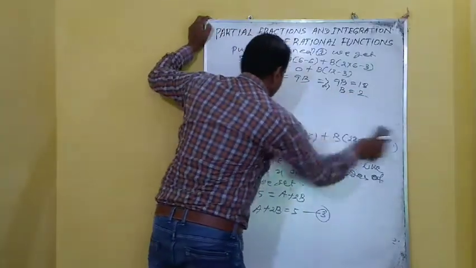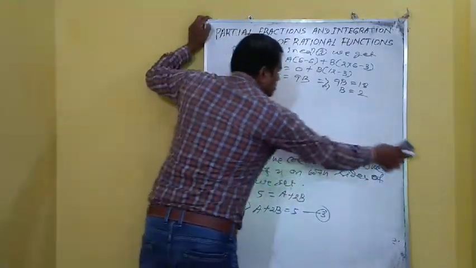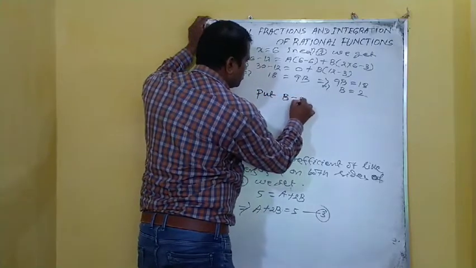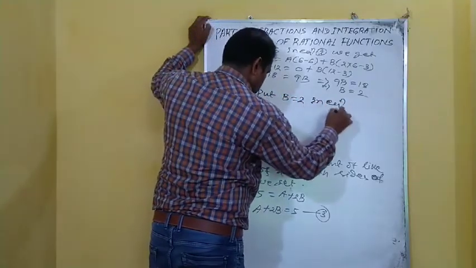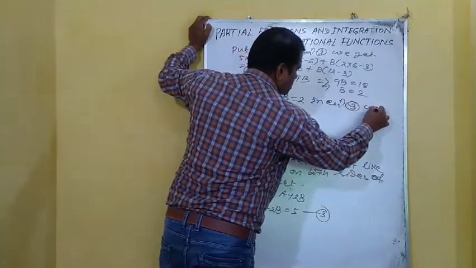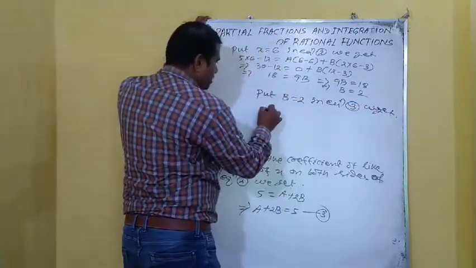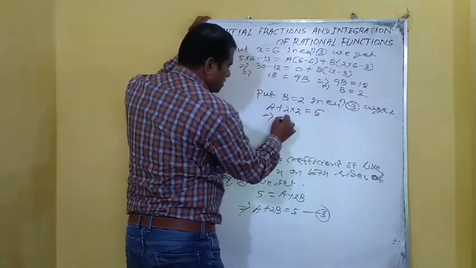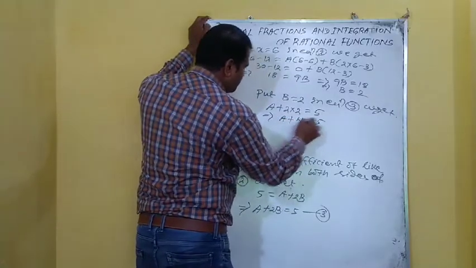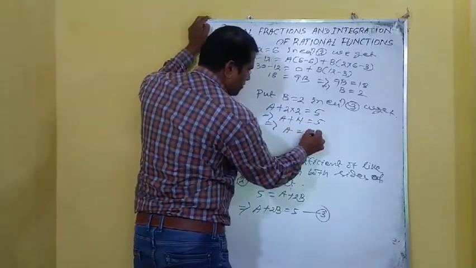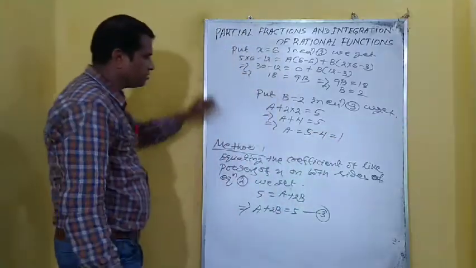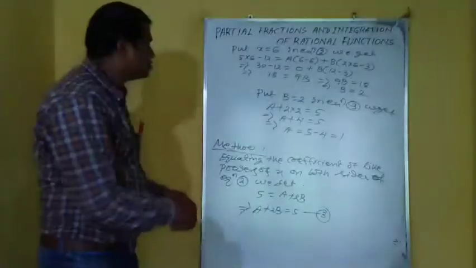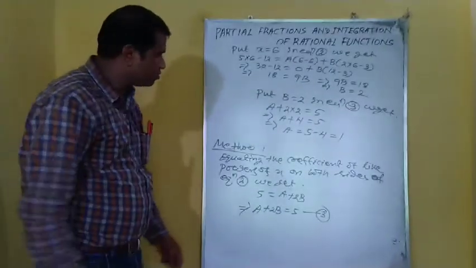Put B equal to 2 in equation 3. We get A plus 2 into 2 is equal to 5. A plus 4 is equal to 5. That means A is equal to 5 minus 4, that is 1. So we get the values of the constants as A equal to 1 and B equal to 2.